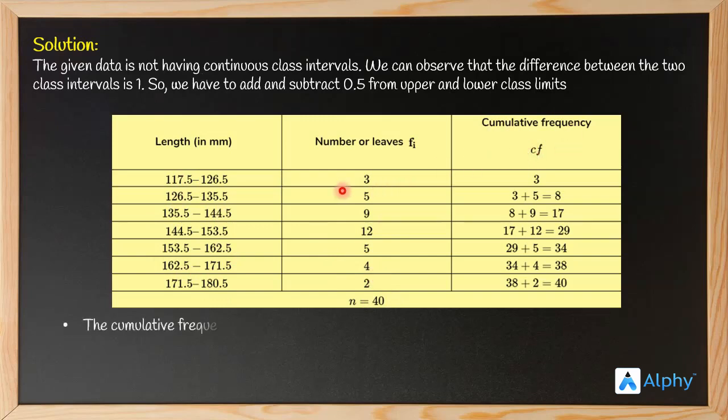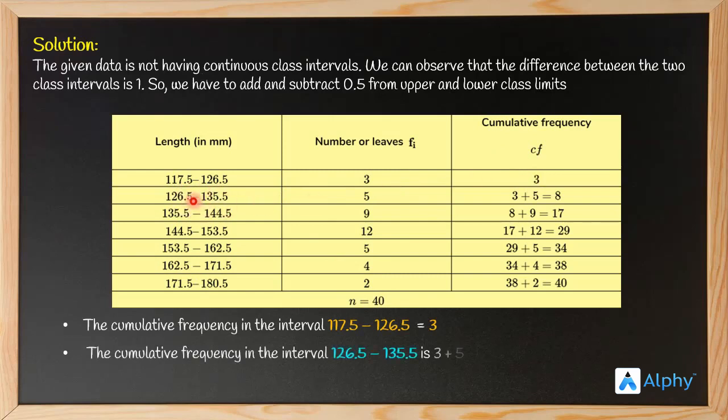So the cumulative frequency for the class interval 117.5 to 126.5 would be 3. The cumulative frequency for the class interval 126.5 to 135.5 would be 3 plus 5, which gives us 8.